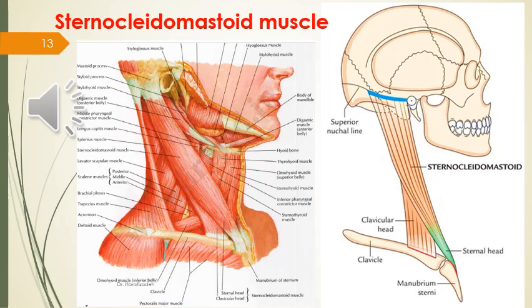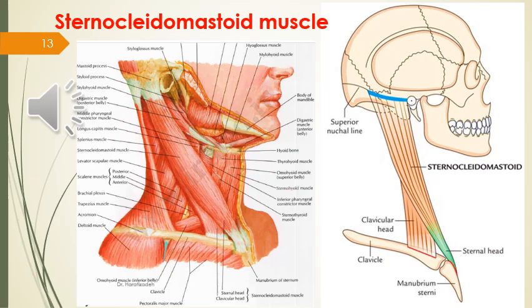The sternal head arises from the anterior surface of manubrium, and the clavicular head arises from the superior surface of the medial part of clavicle. These two heads join together, run upward, and attach on the mastoid process of the temporal bone and the lateral half of the superior nuchal line.